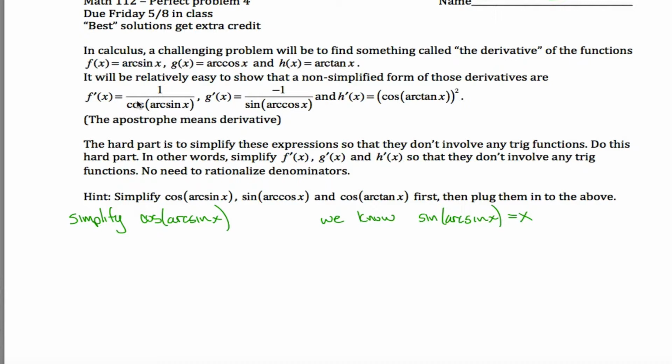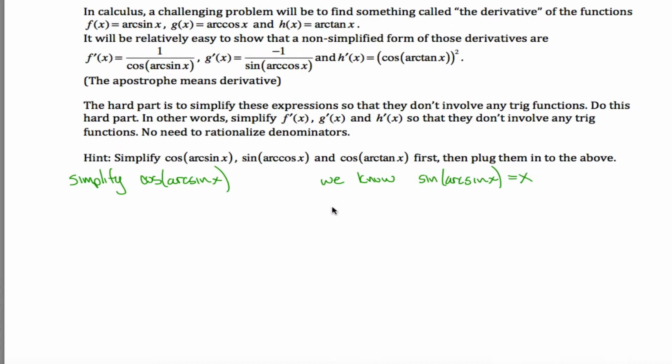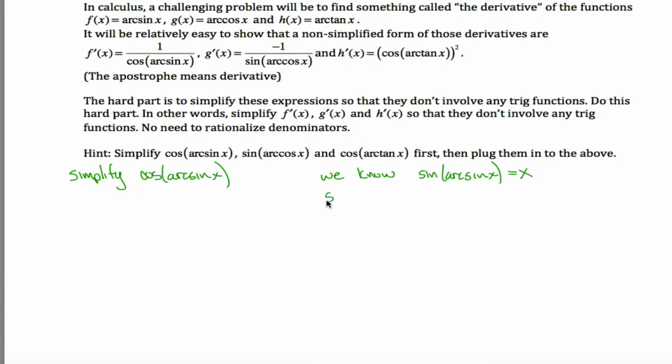Well, I can always express cosine in terms of sine. I can express any of my 6 trig functions in terms of sine if I feel like it. And the way I'll do it is by taking advantage of this fact. I know that sine squared of any angle plus cosine squared of that same angle is equal to 1.